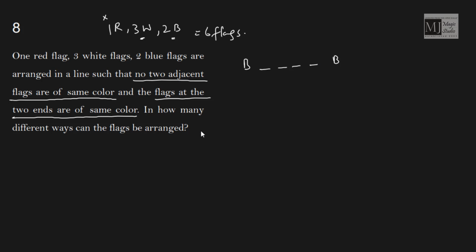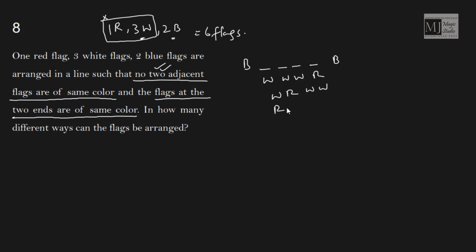So we are left with 1, 2, 3, 4 positions. Now in these 4 positions I need to arrange 3 white and 1 red. Now look carefully, we have 3 white and 1 red. If I put white, white, white, red, I'm missing out on the condition which says no two adjacent flags are of the same color.